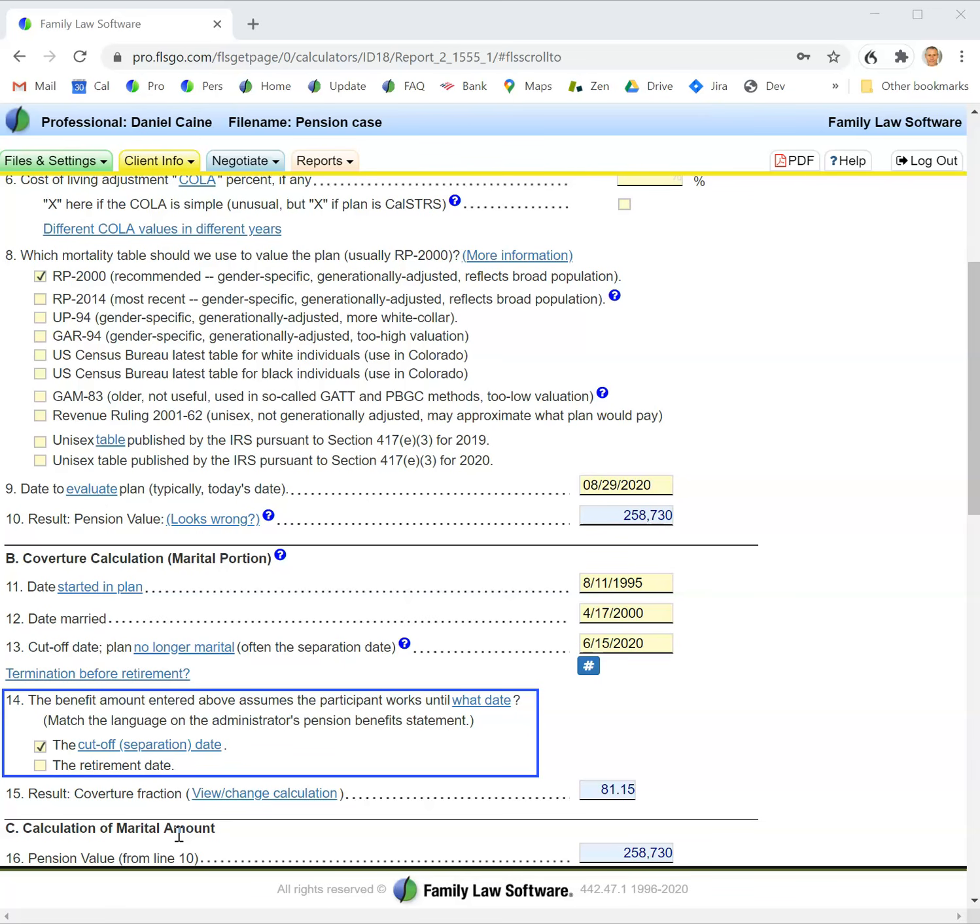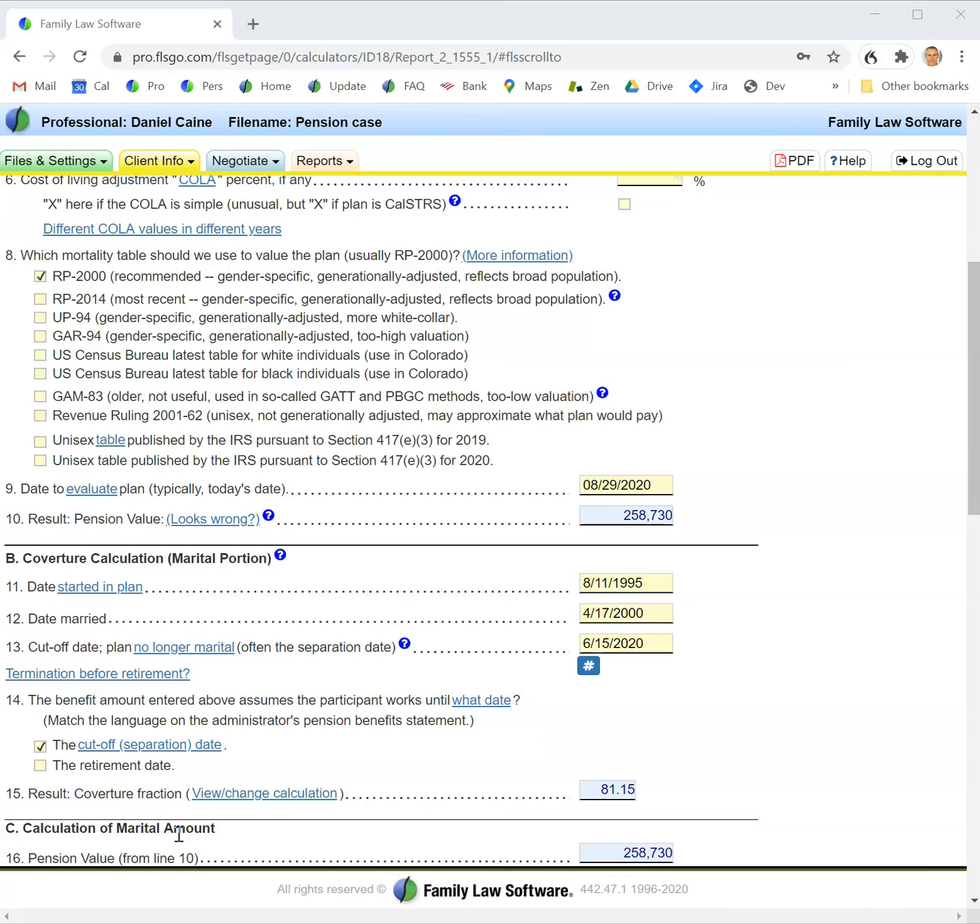So you have a higher amount, but a smaller marital portion. And the net marital value can be either higher or lower, depending on the sizes of those two effects.